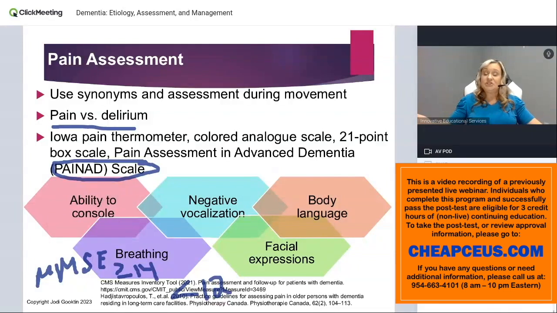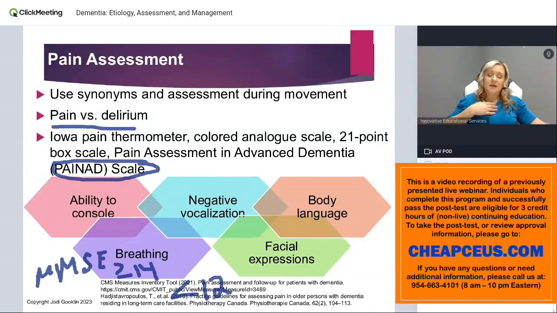And this is something to educate the family in as well as to utilize ourselves. It looks at many different aspects. So, for example, you're going to look at the individual's breathing. Does it look labored or are they hyperventilating? Vocalization, in terms of negative vocalization, is their speech just really low or is what they're saying just not being said in a nice way?